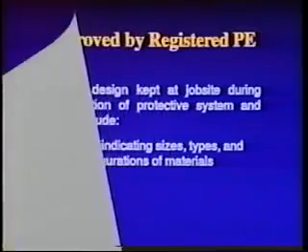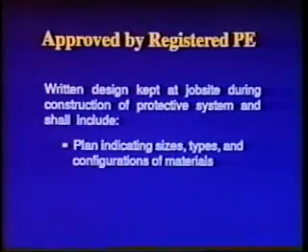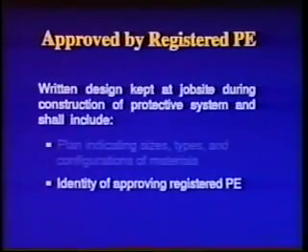The fourth option is to use a design approved by a registered professional engineer. Such designs are to be written, kept at the job site during construction of the protective system, and include a plan indicating the size, types, and configuration of the materials to be used, and the identity of the approving registered PE.